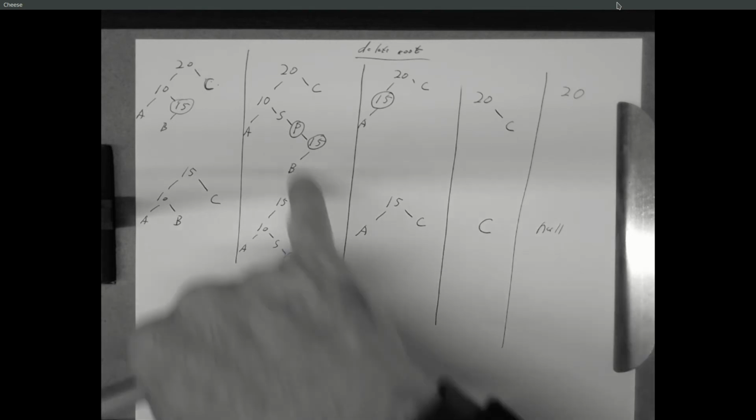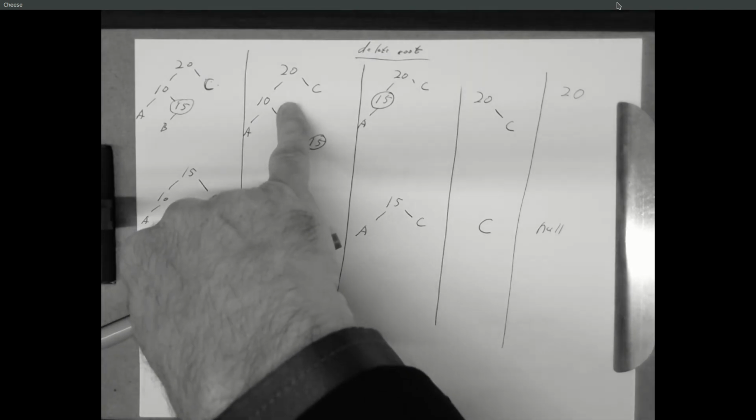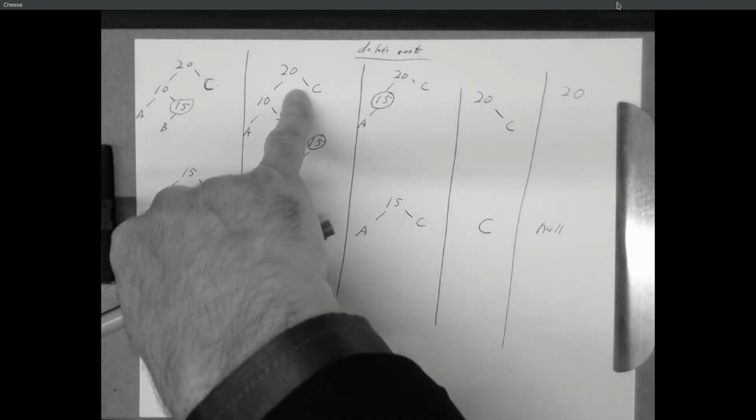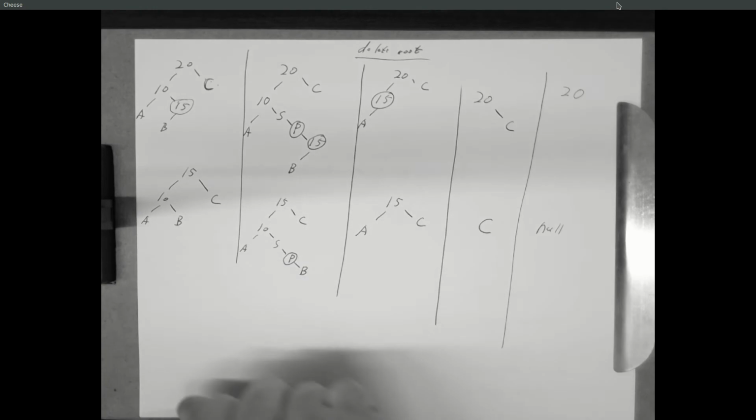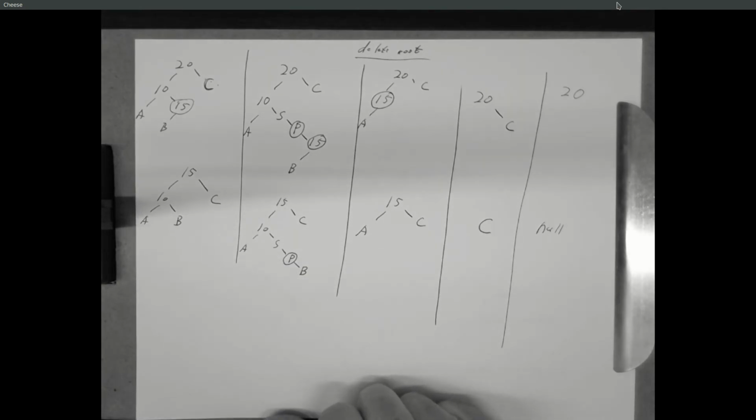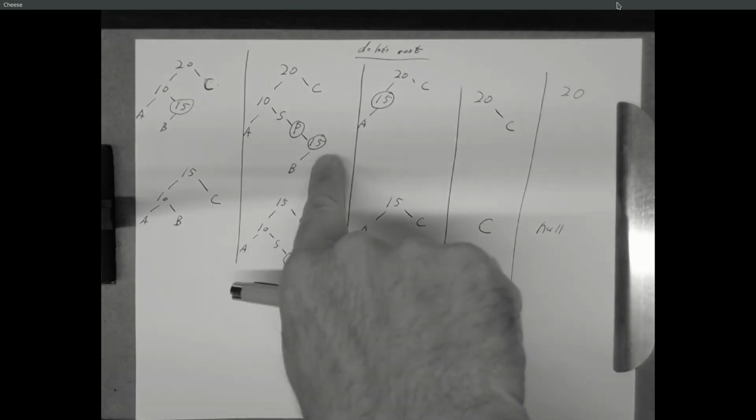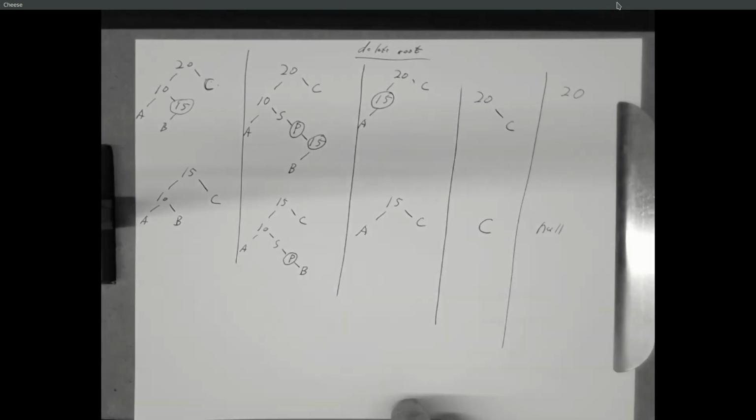If it points to 2 things, like here, because we're deleting the 20 in each of these. So again, you find the largest thing in the left, replace the root with that.